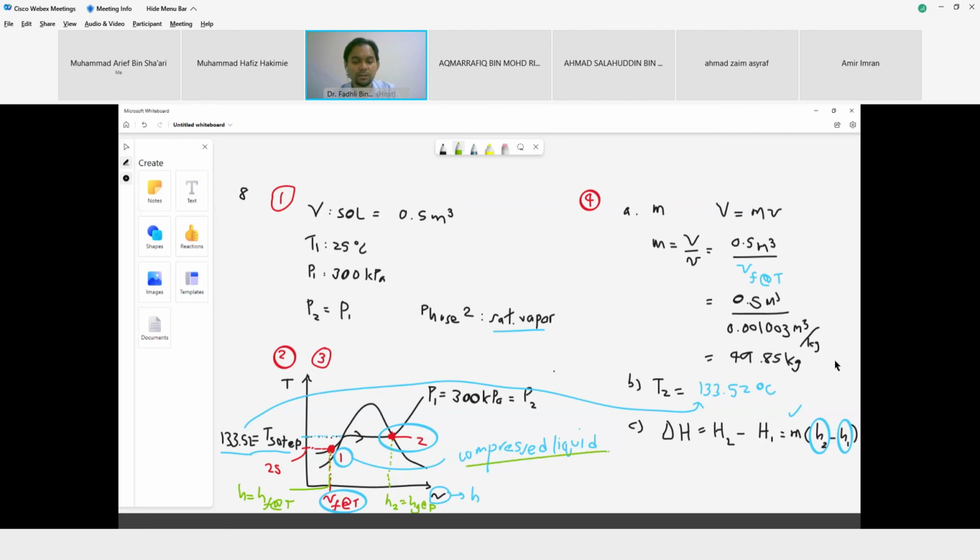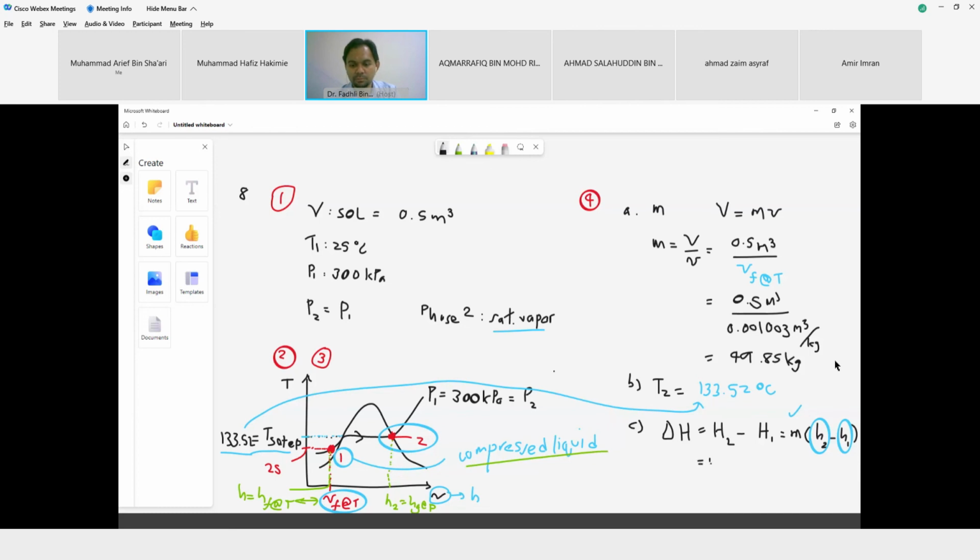So we can apply the principle. Any properties for compressed liquid can be approximated as f at the given temperature. Sama je macam ni. Okay. f at the given temperature. So fine. Solve this one.